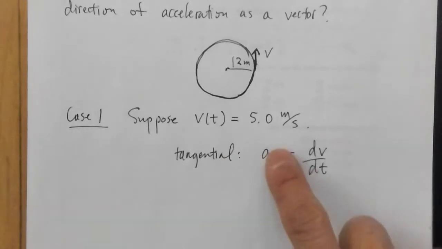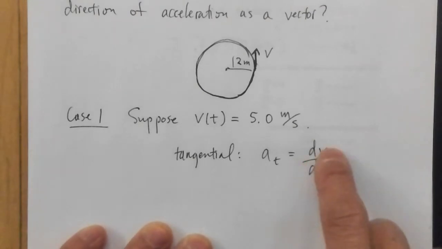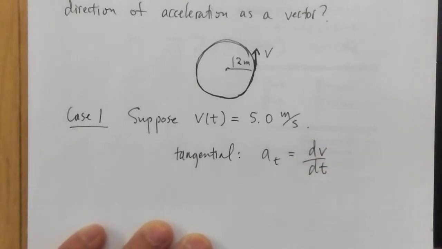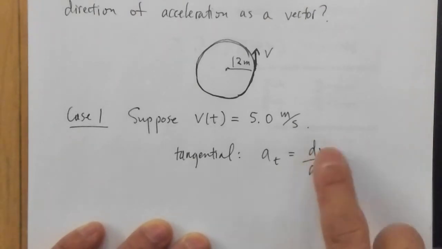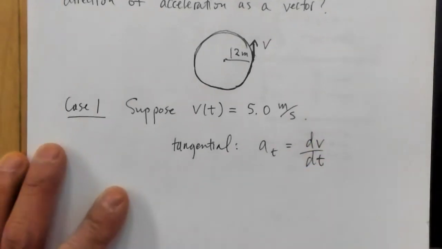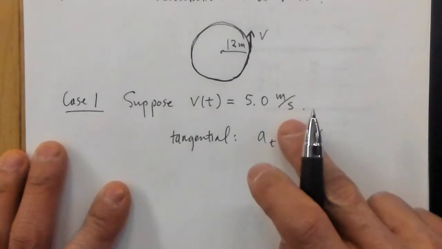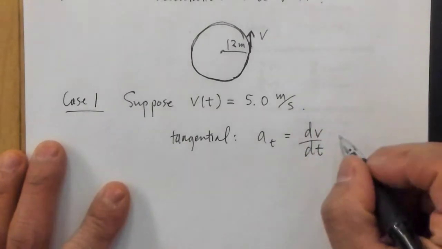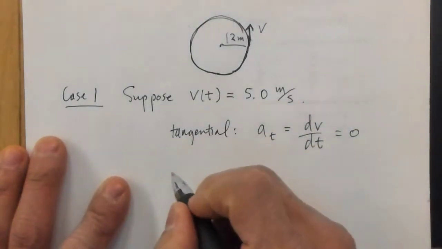Okay? It's just the derivative. But because it's going in a curve here, it's the derivative of the speed rather than the derivative of the velocity. This is dv by dt. All right, what is dv by dt for this case? 0. Okay, so there's no tangential acceleration.